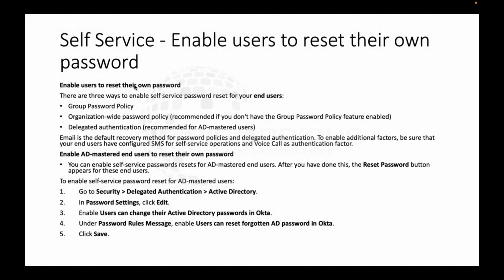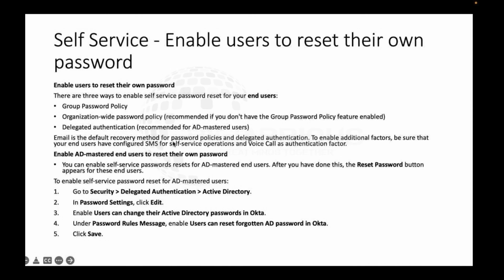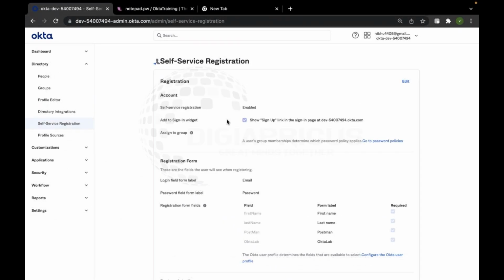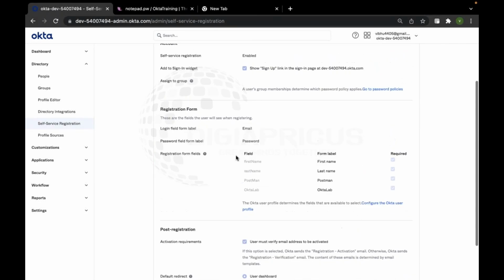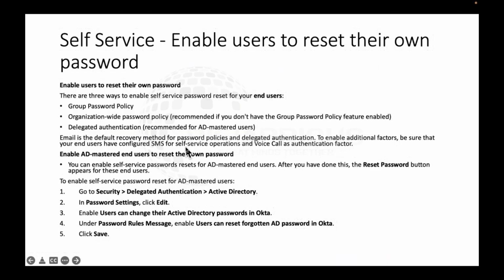Okay, so we have three ways to enable self-service for end users. Either a group password policy, an organization-wide password policy, or a delegated authentication. So what we are trying to say is that we can go ahead and create different password policies.